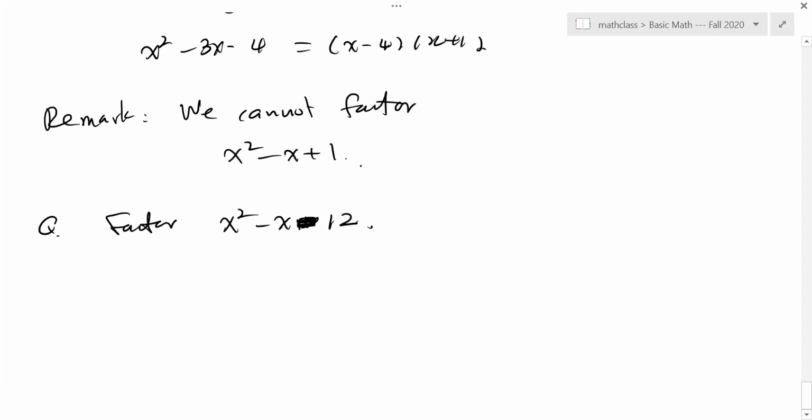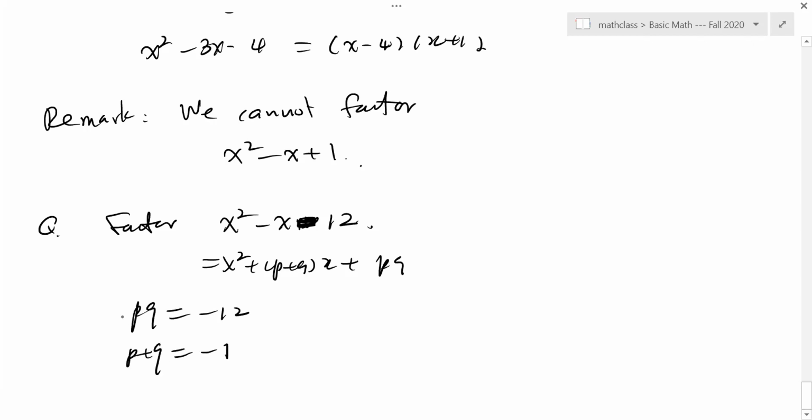Your starting point is a product of two factors, x plus P and x plus Q. So you have P times Q should be equal to negative 12, and P plus Q should be equal to negative 1. So what are the two integers? The product is negative 12 and the sum is negative 1. Integers including negative integers, okay?